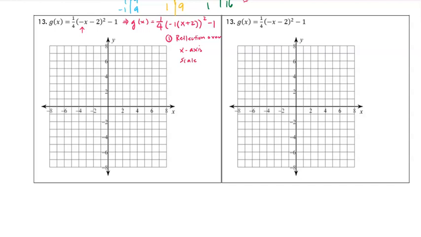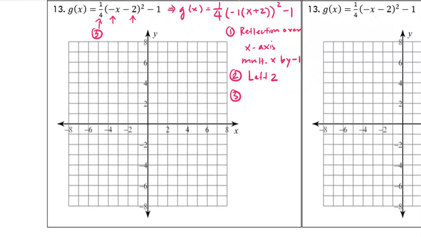Oh, not a scale factor. Sorry. A multiplication of the x by -1. Number 2, we're going to go left 2. Number 3.